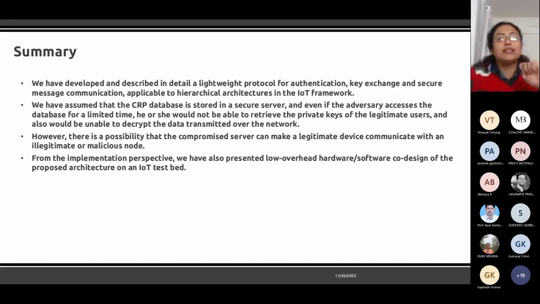Now the only thing that can come up is whether from the power consumption perspective it is leaking any information or not. So that means you have to do a power side channel analysis.